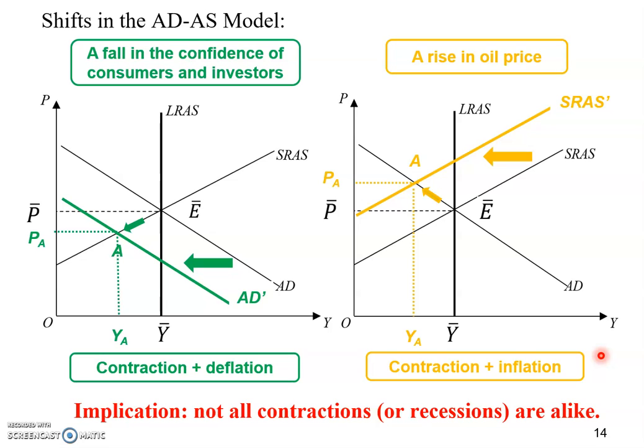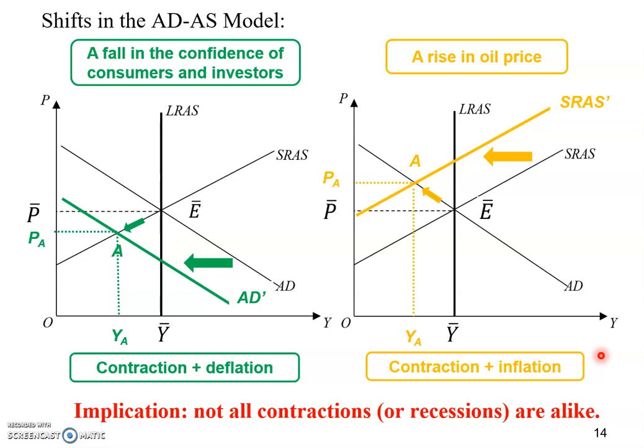In the general public's opinion, a recession means the output level decreases, so we produce less, and some people lose their jobs, right? The unemployment rate goes up. That's it. So they won't be able to tell the difference between these two cases.